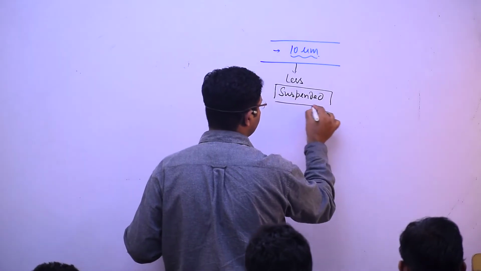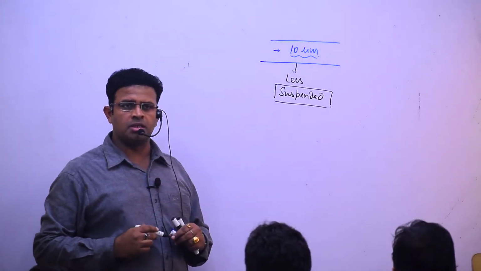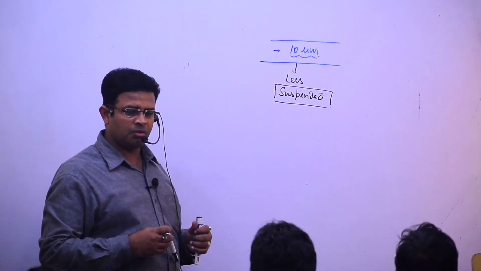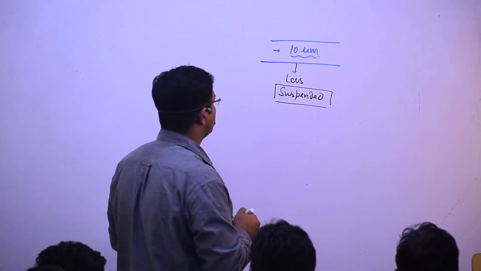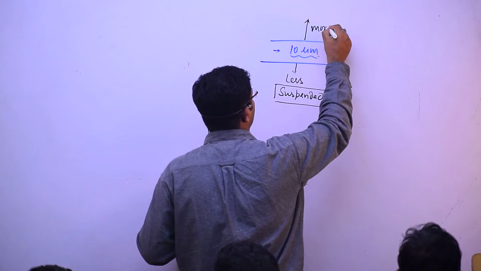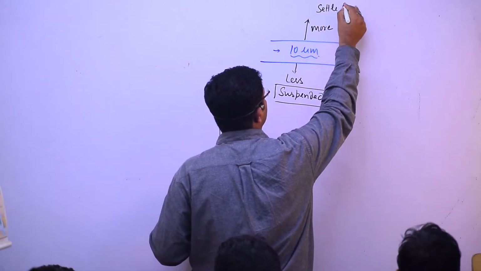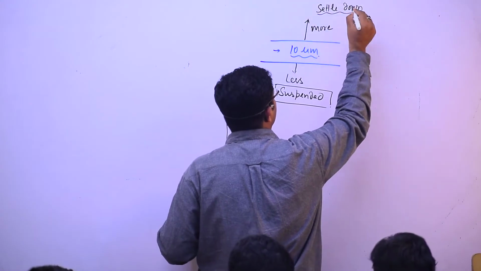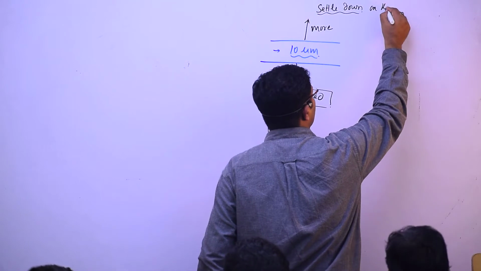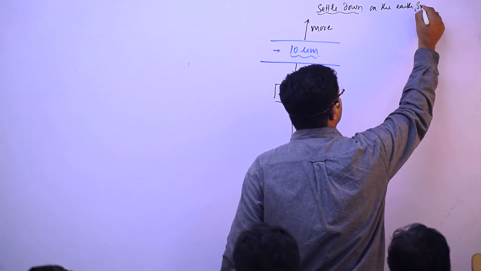In which form? If the size of the pollutant particles in the atmosphere is less than 10 micrometer, it will remain in what? Suspended form. And if it is more than 10 micrometer, it will settle down on the earth's surface.